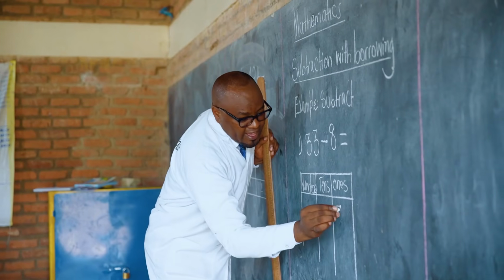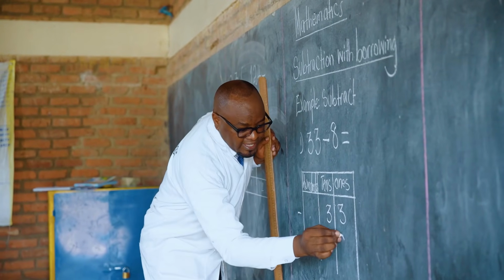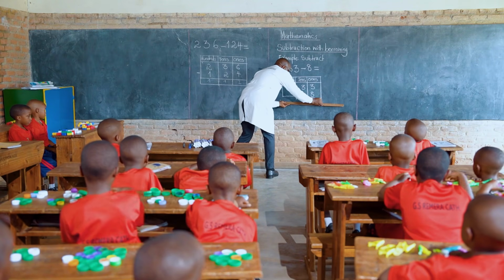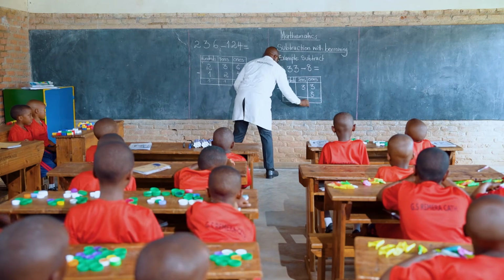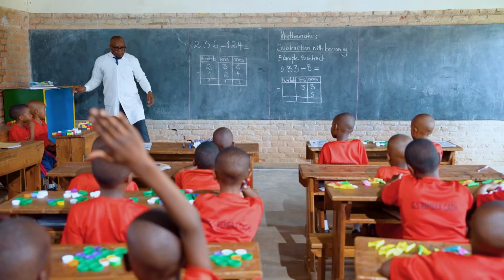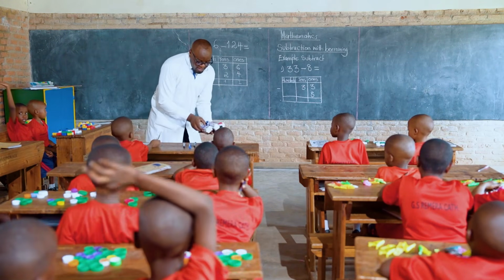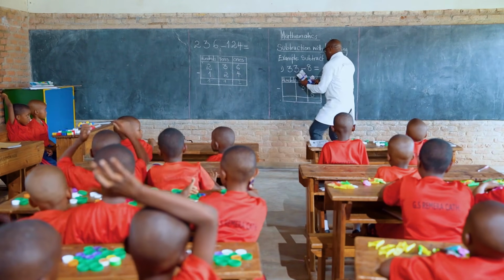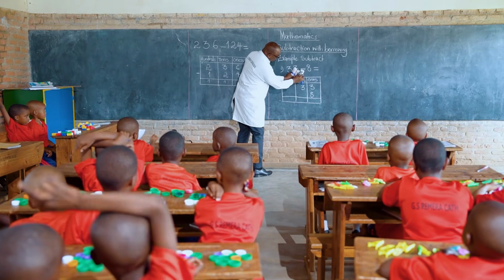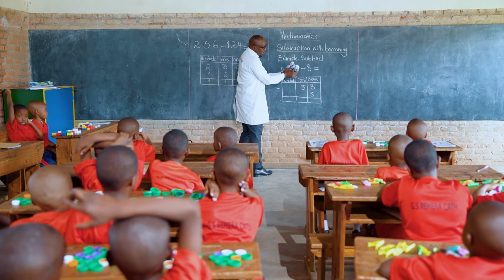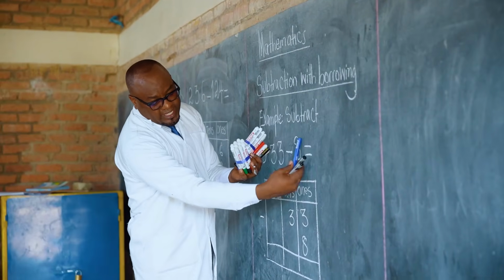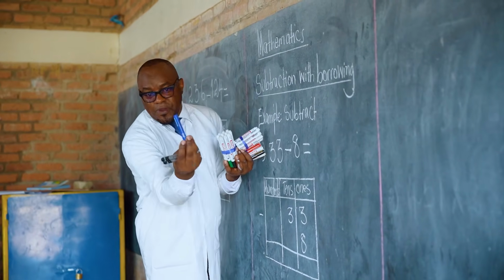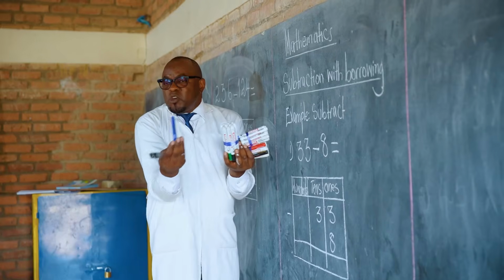Christella had 33 minus 8, and she said that it's not possible to do this. So, why? Look here, please. We had these 3 tens, 1, 2, 3 tens. And these 3 ones. Then when Christella did this, she said that these 3 minus 8 is not possible.